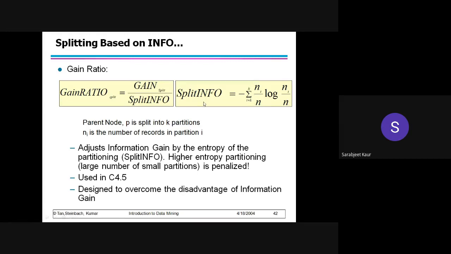The larger this number is, the smaller the gain ratio will become. So this will let us know whether the right subtree is better or the left subtree is better, right?